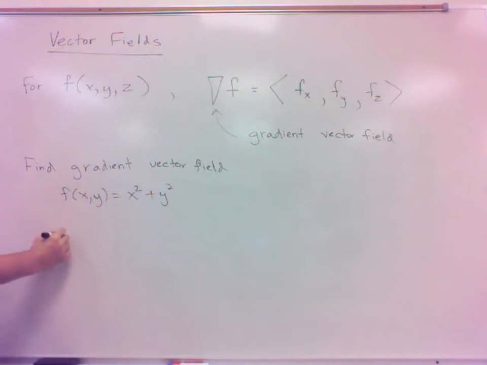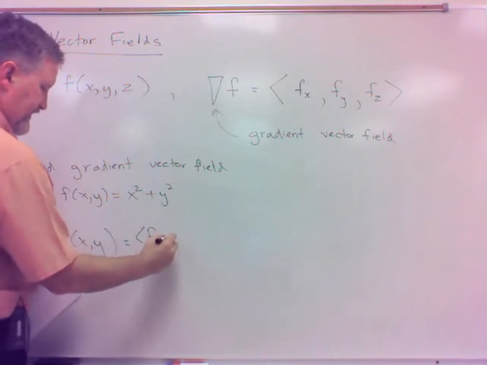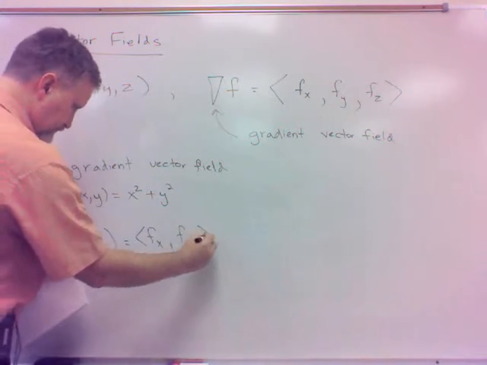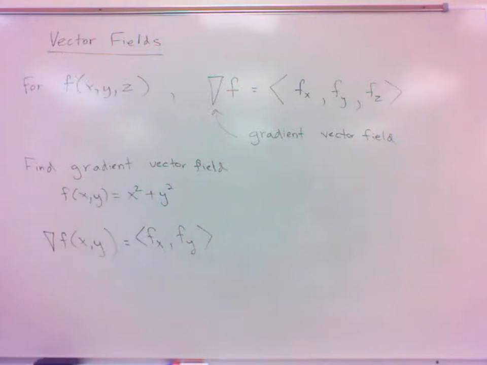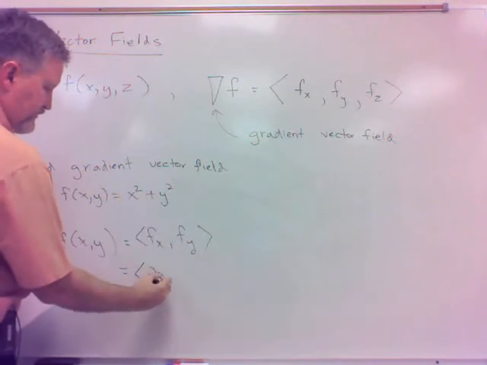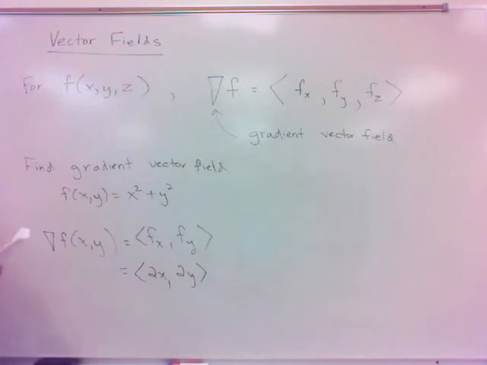The gradient vector field would just be our partial of f with respect to x, comma, the partial of f with respect to y, or put it in the i, j form if you want to. But this is what it is, so easy enough. Partial with respect to x would be 2x. Partial with respect to y would be 2y. Okay?